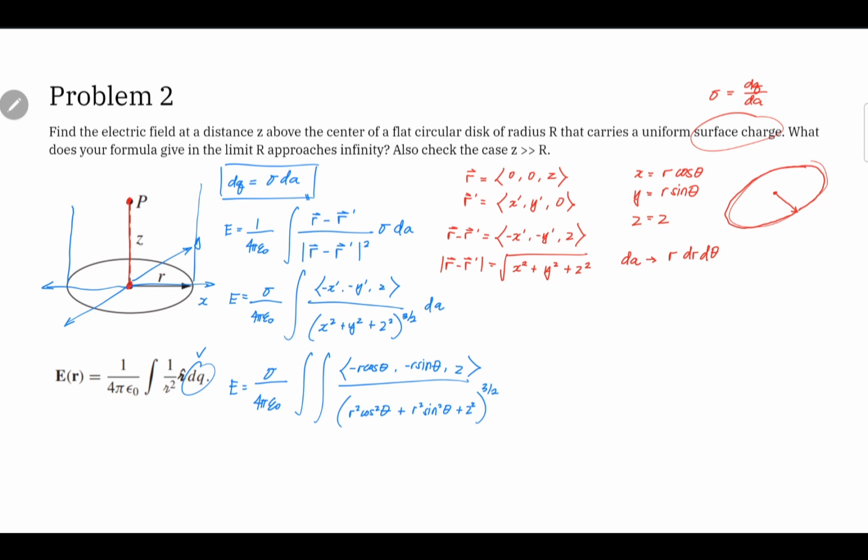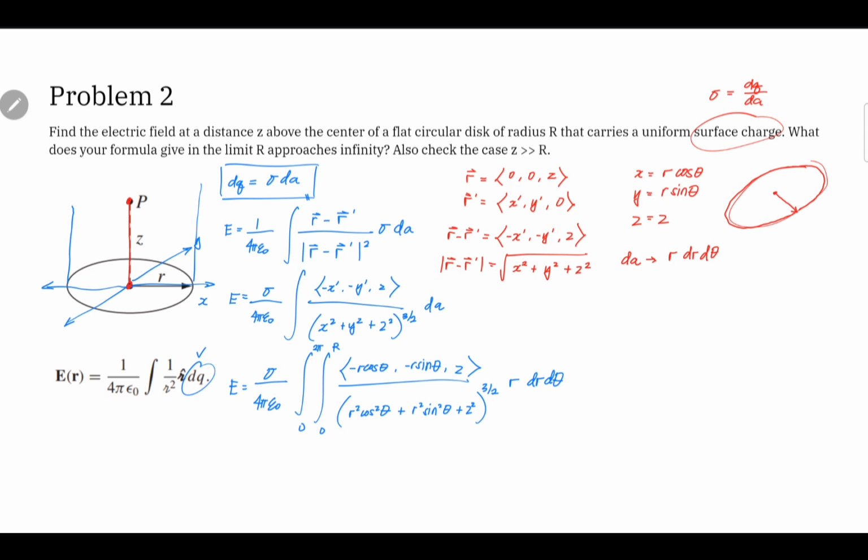That's basically what we're trying to do here. And as you can see, we could write it as r dr d theta. And then we can have our bounds. So for r, our bounds will be from 0 to capital R, which is going to be the radius of our disk. And for theta, it is going to be from 0 to 2 pi, since we are revolving around the entire circle.